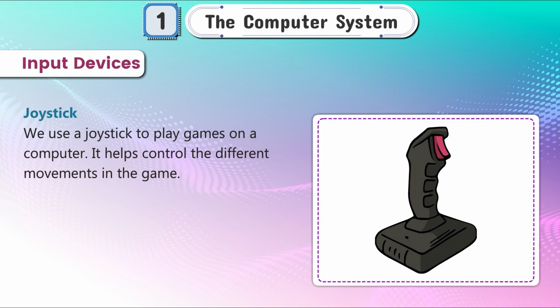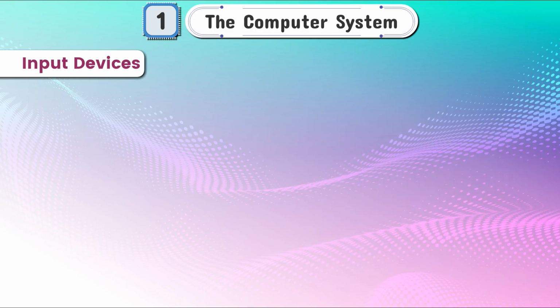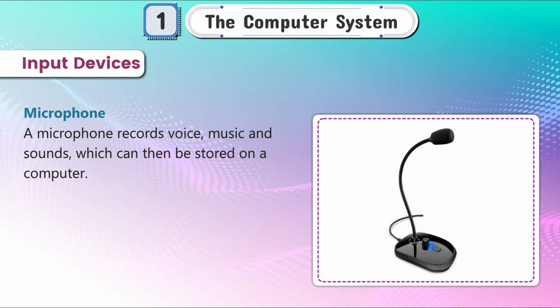Joystick. We use a joystick to play games on a computer. It helps control the different movements in the game. Web camera. A web camera, also known as a webcam, is a video camera that lets people see each other over the internet. Microphone. A microphone records voice, music and sounds, which can then be stored on a computer.